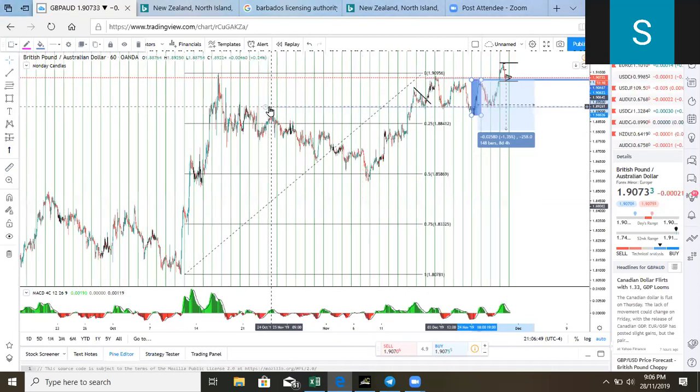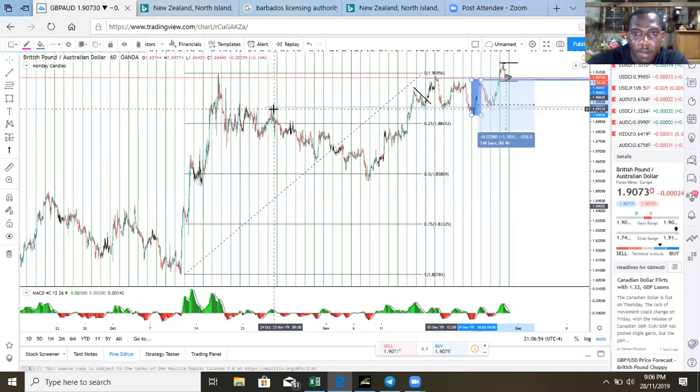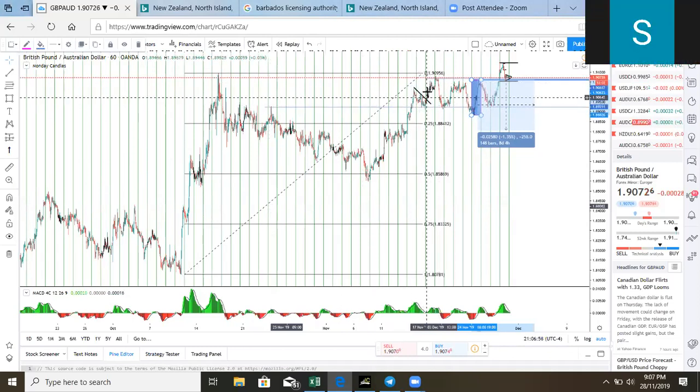You see? The break above there, the break and retest. And then it came back, retested, went up to resistance, hit, came back down. So the market was ranging in between here all the time before it actually broke out yesterday.